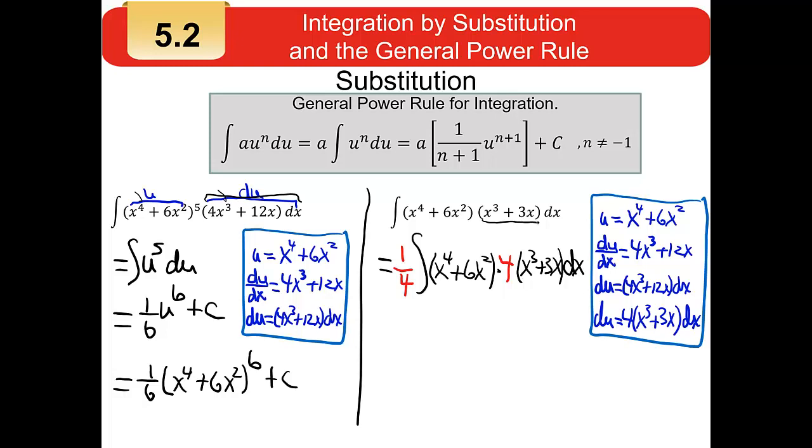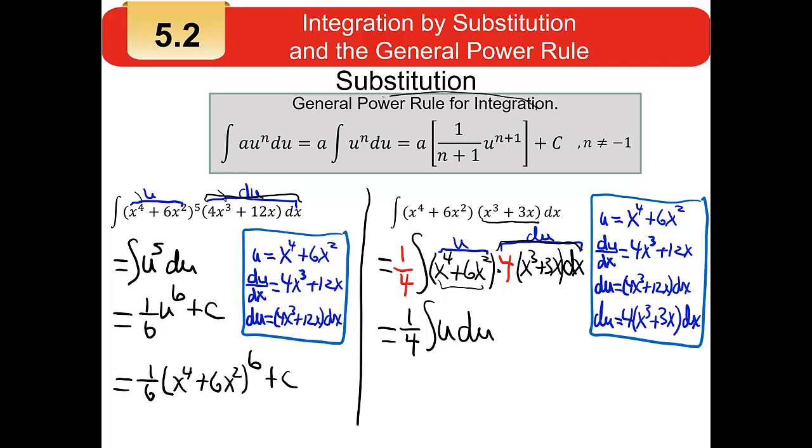But now that you have done it, you can see that you have exactly du right there, and you have u right here. So your integral turns into that 1/4, which is out front, times the integral of u, just u to the first, times du. Well, now you use the power rule.